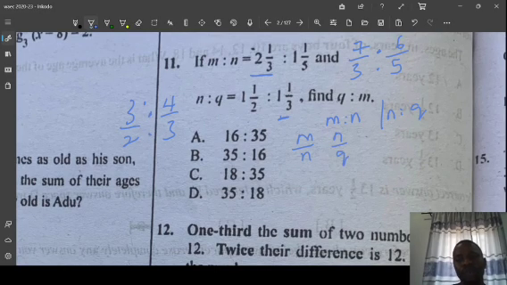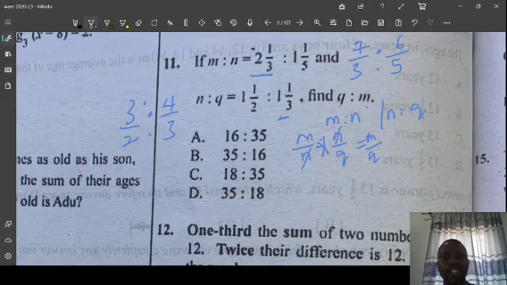Do you notice that if I multiply these two ratios I was given, n is going to cancel n, and I'm going to be left with m over q, which is the inverse of what I'm looking for? I'm looking for q over m. So if I multiply these two ratios, I'm left with m over q. All I need to do now is invert it, and there goes my answer.